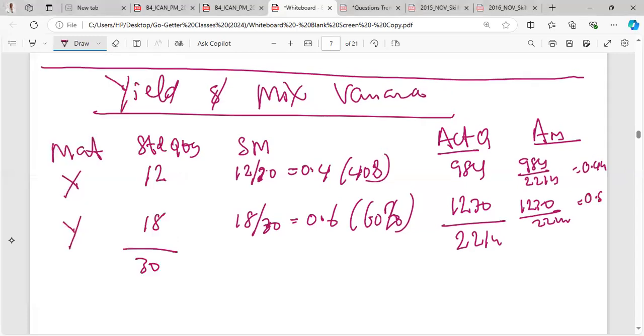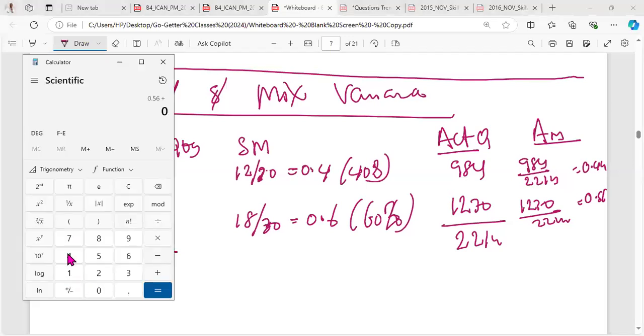If you look at it, 0.56 plus 0.44 gives us 1.